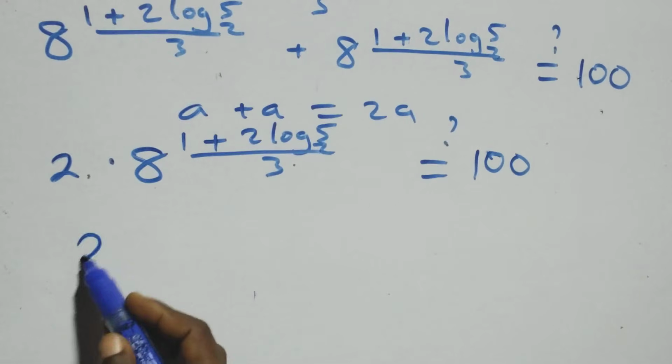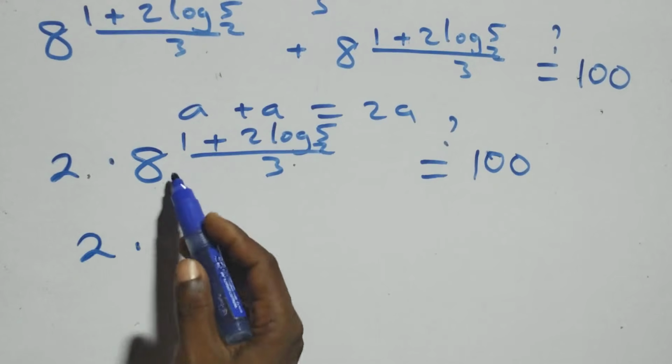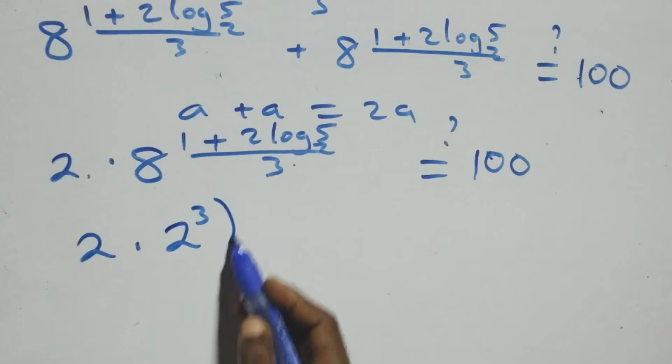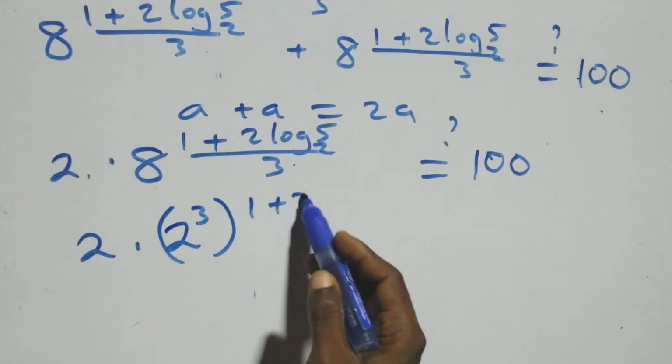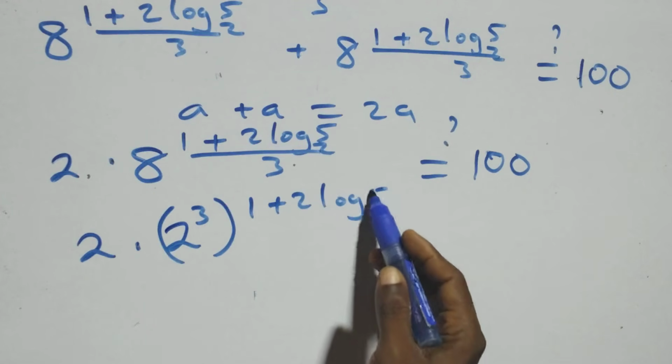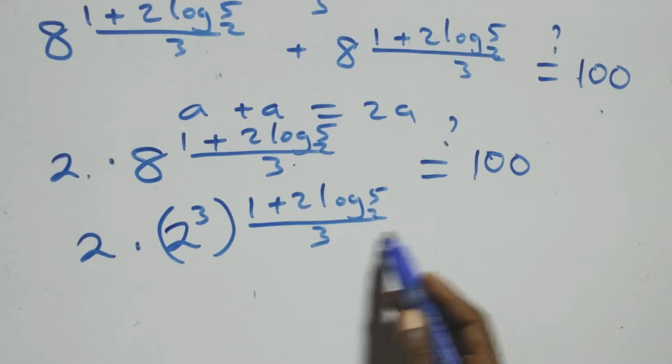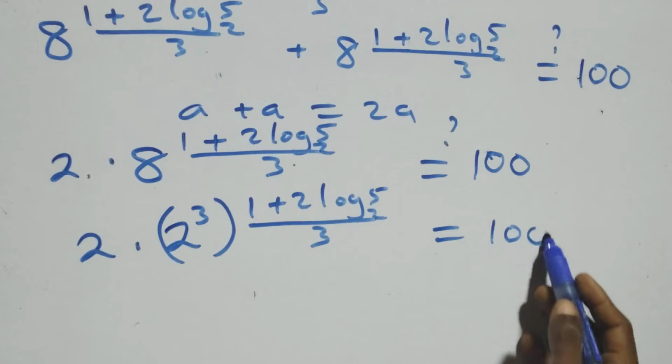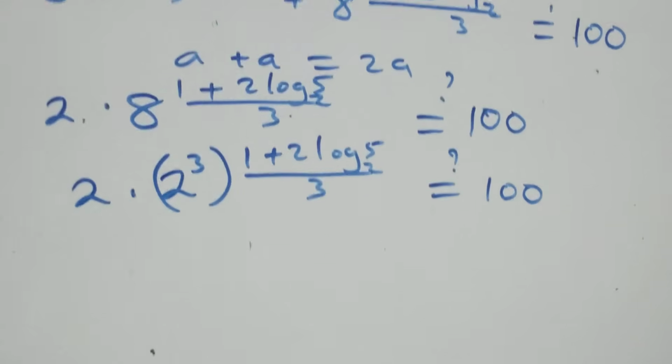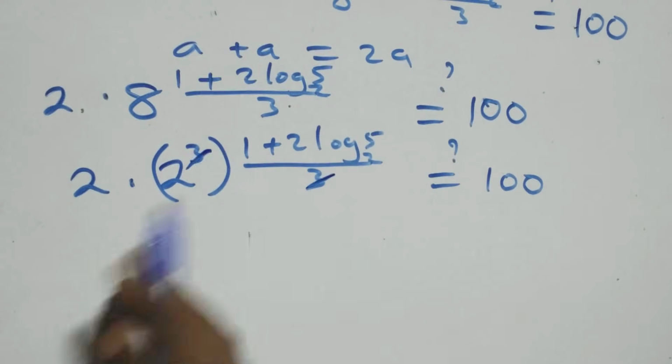Then here we have 2 times, 8 can be written as 2 raised to power 3, so 2 raised to power 3 times 1 plus 2 log 5 base 2 all over 3 equals 100 on this side. And this power 3 multiplies and cancels the 3 here.